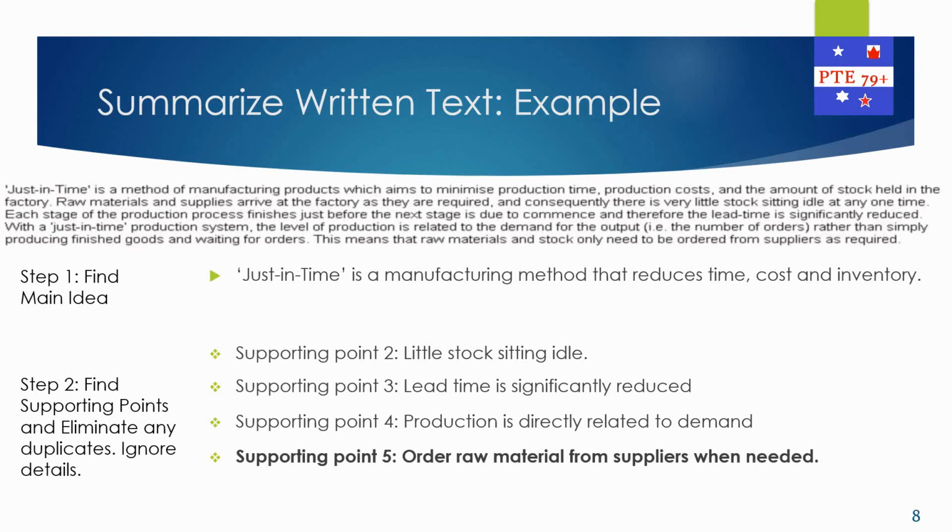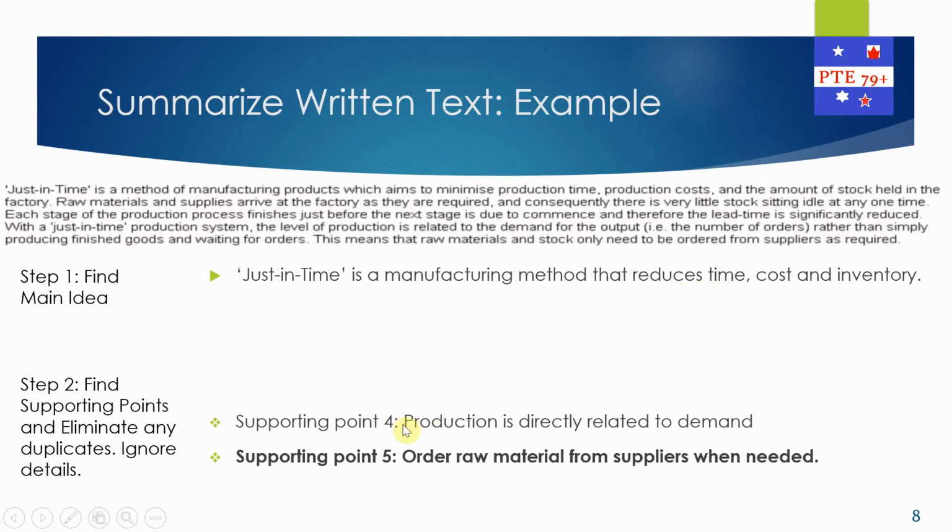Let's say we eliminate the first one and keep the fifth one. And this second point, little stock sitting idle, is already there in the main idea, reduces inventory. Lead time is significantly reduced, even this point is there, reduces time. So we don't need these 2 points.